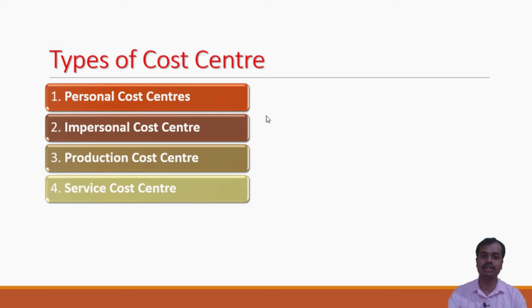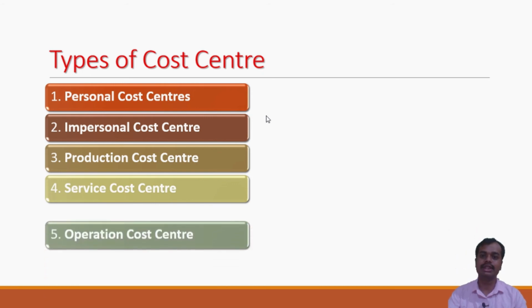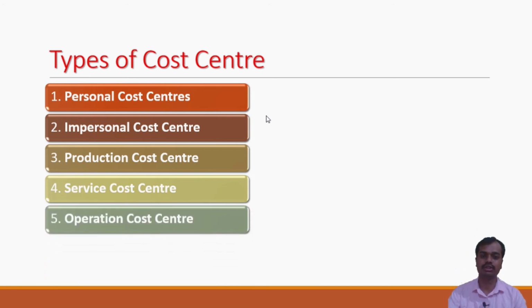This service center is divided into three categories. Material service center, which includes stores, internal transport, etc. Next, personnel service center, which includes labor office, canteen, etc. And plant maintenance center, which includes tool room, carpentry, etc. Next type of cost center is operation cost center.